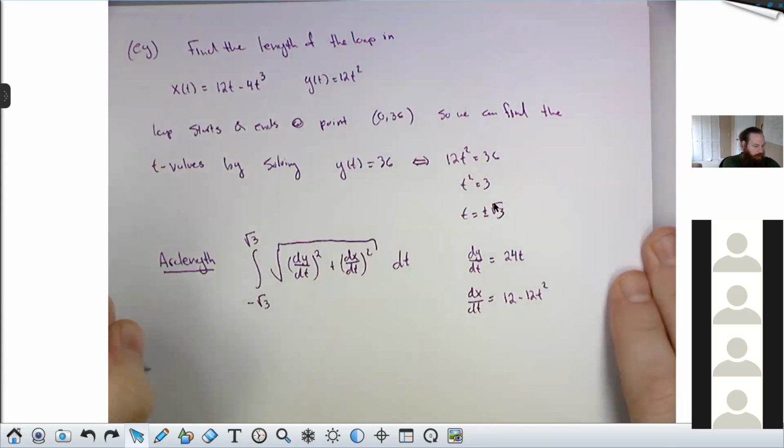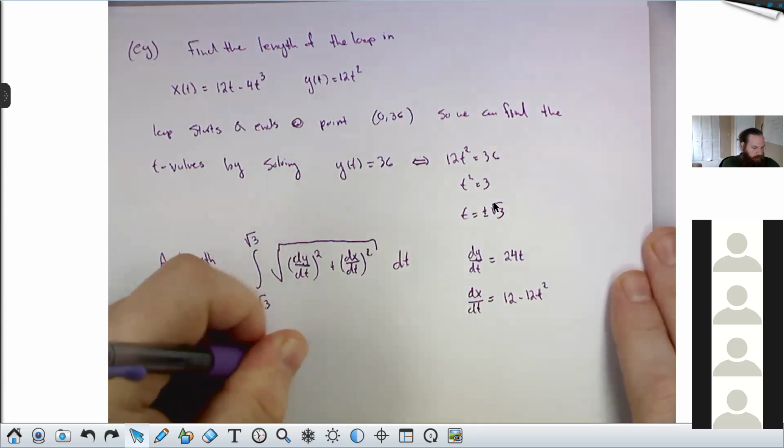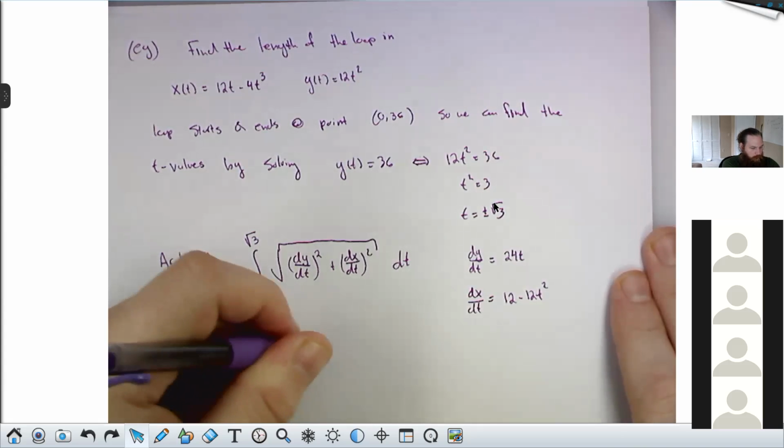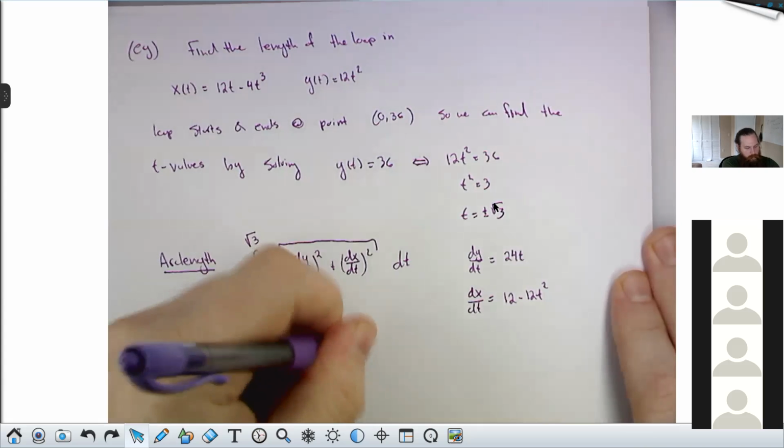So this is going to be the integral from -√3 to +√3 of the square root of (24t) all squared plus (12 minus 12t squared) squared dt.